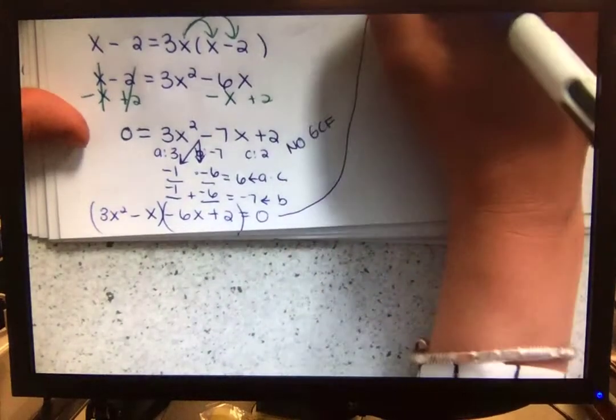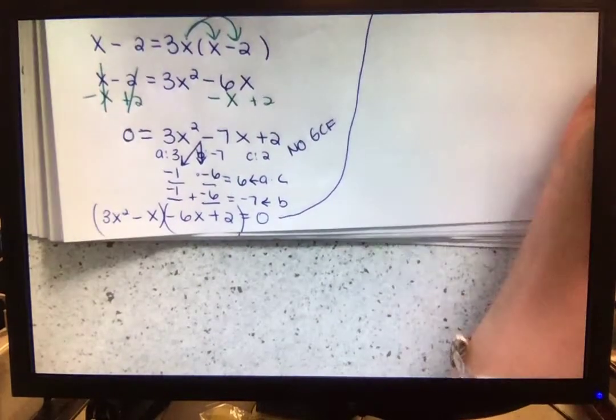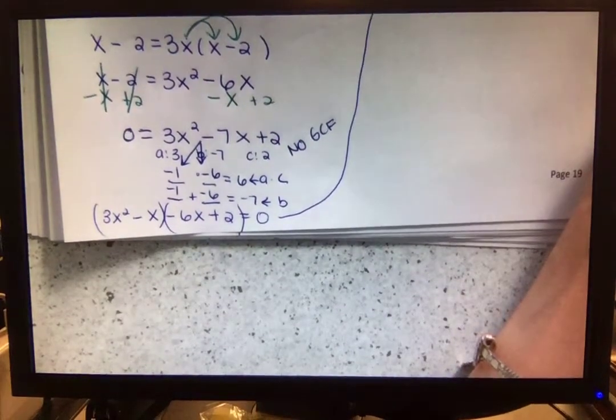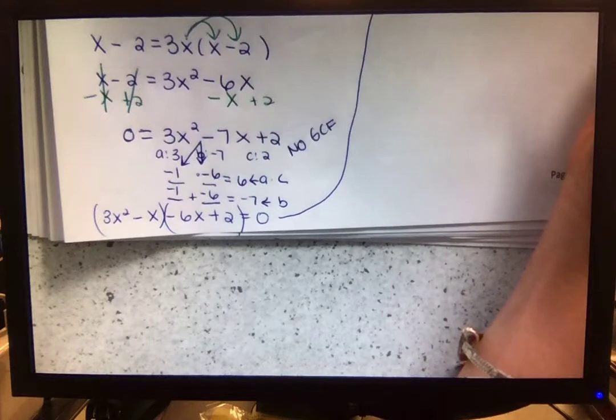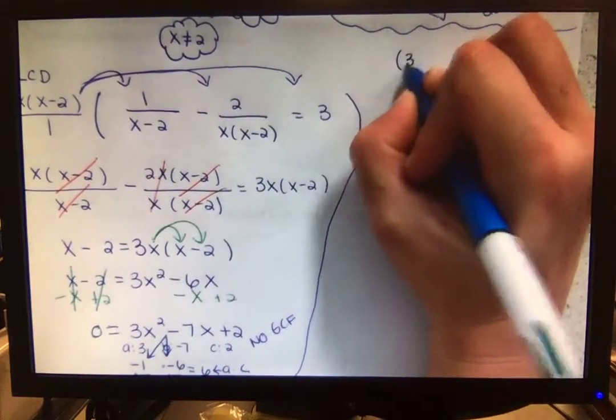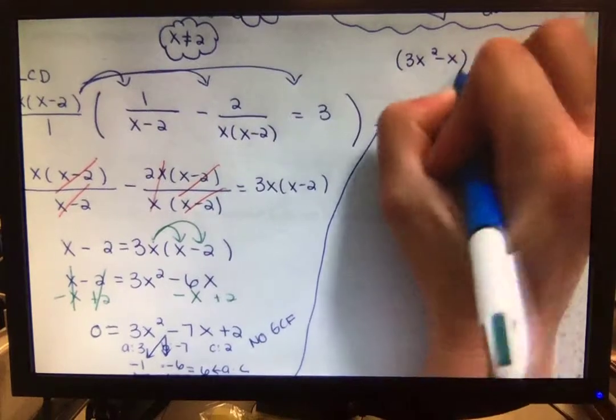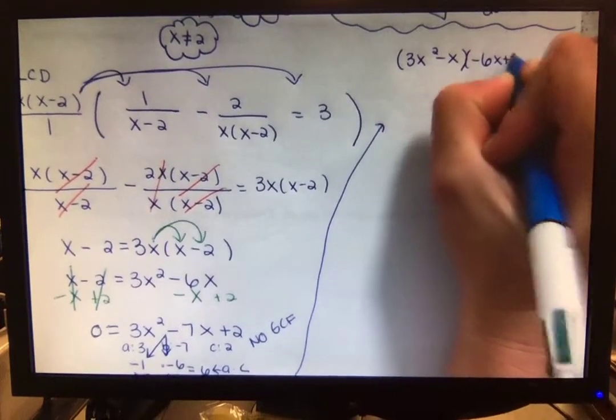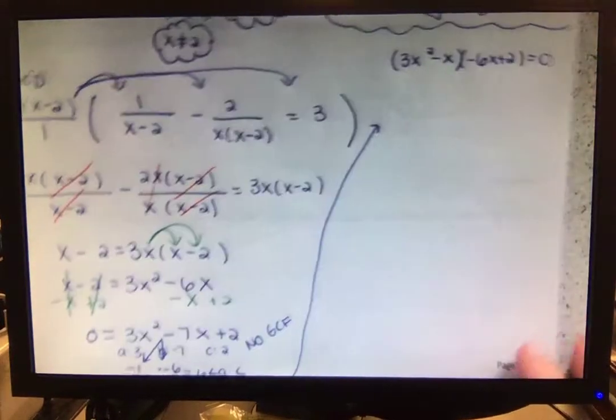Coming up top. So bringing it up top, I'm just going to rewrite it so that way I can see it better. So 3x squared minus x minus 6x plus 2 equals 0.